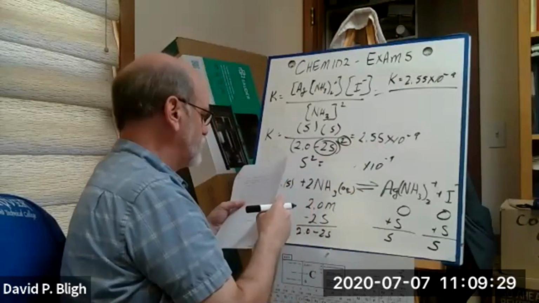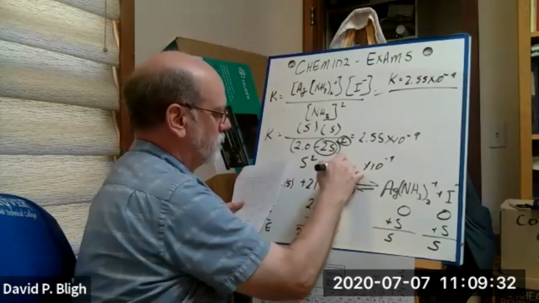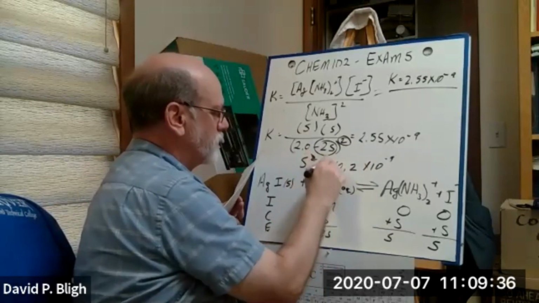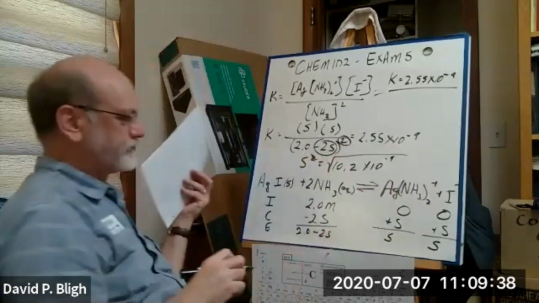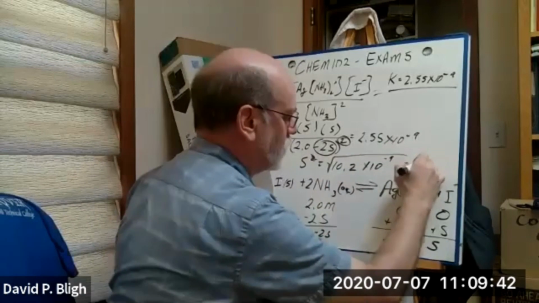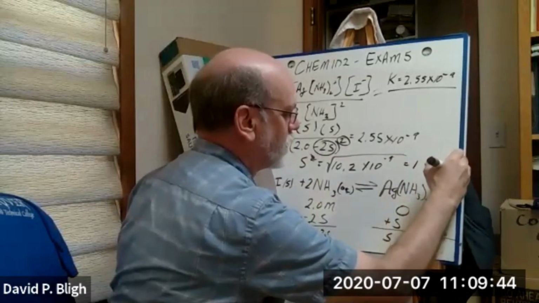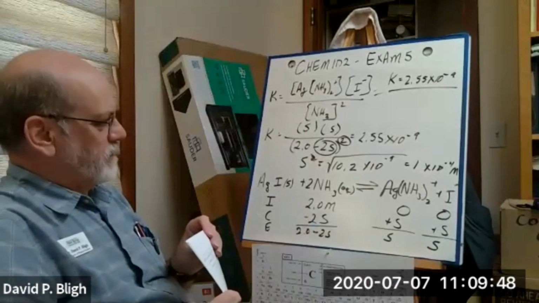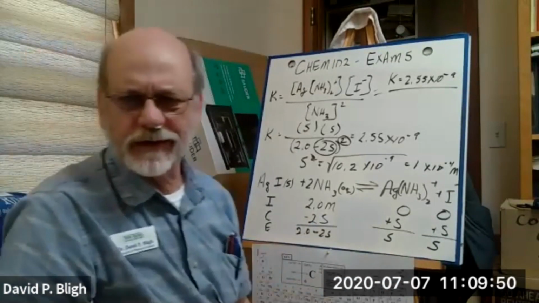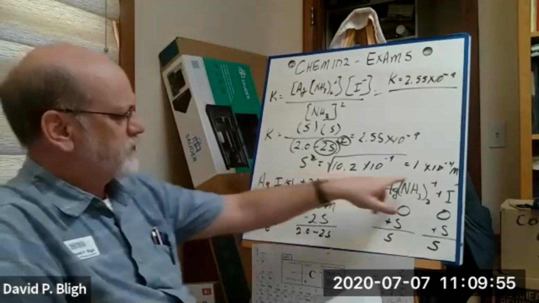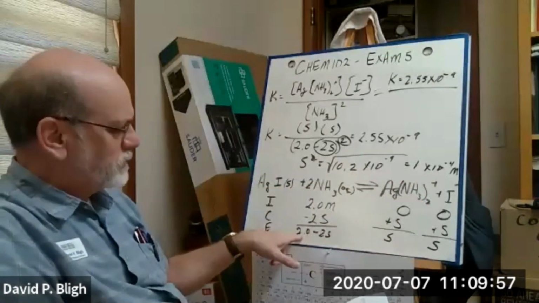So it'll be 10.2 times 10 to the minus 9. And then we take the square root of that, and S then would be 1 times 10 to the minus 4 molar. Oh, we don't even have to do the 5% calculation. Look how small that is, 10 to the minus 4th compared to 2. We're good.